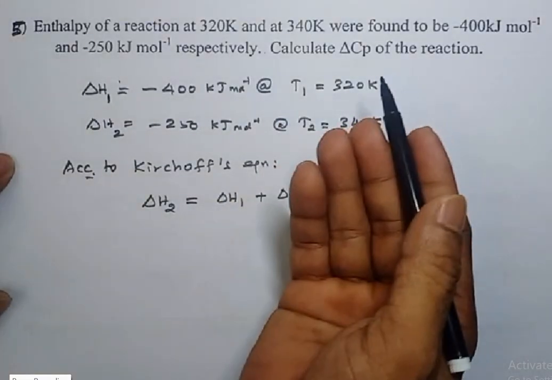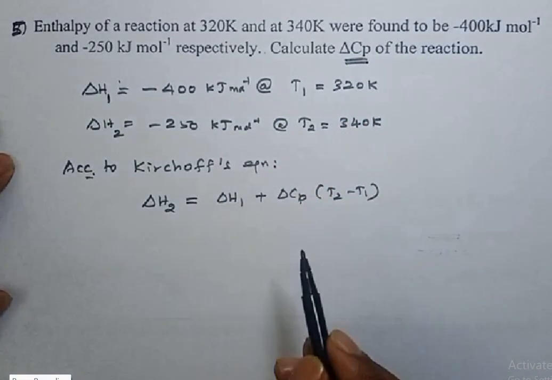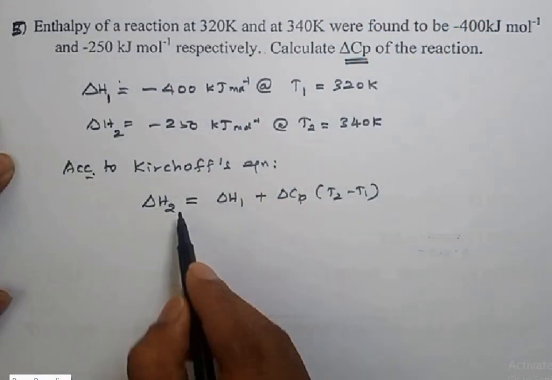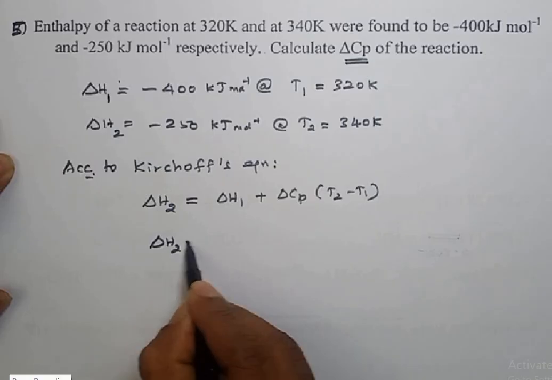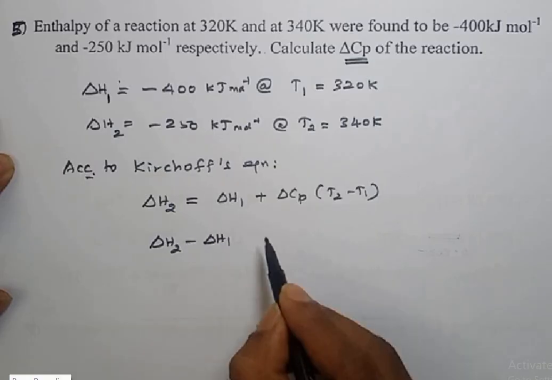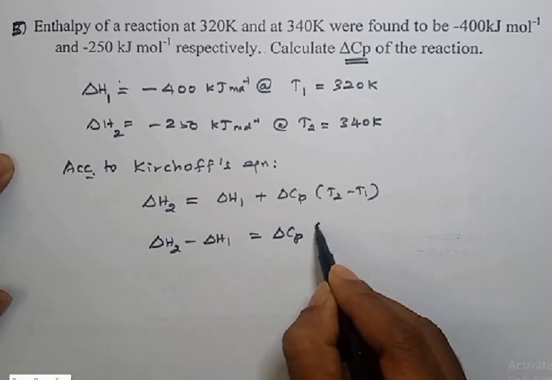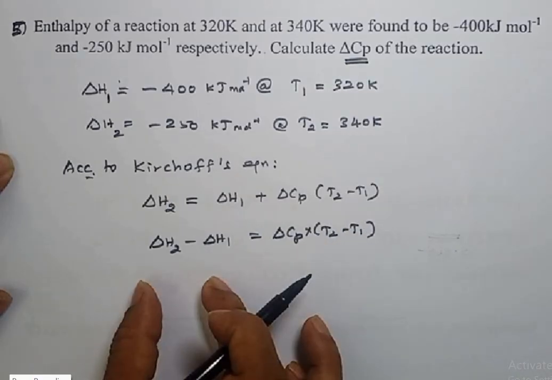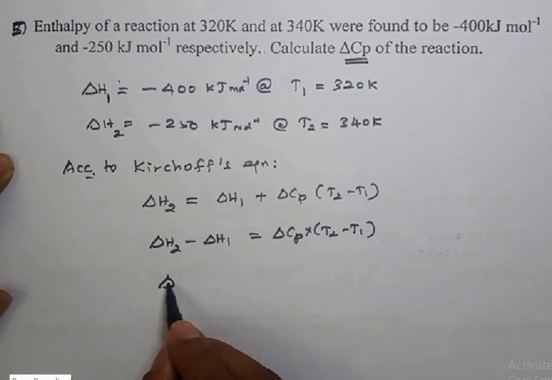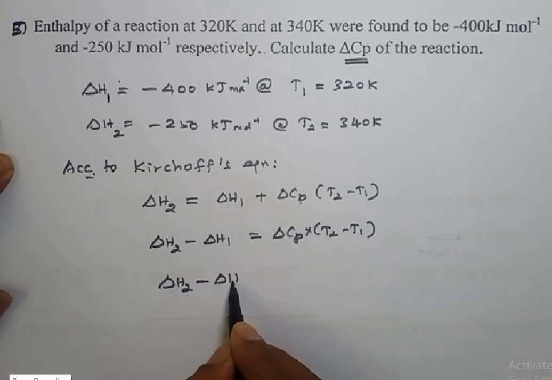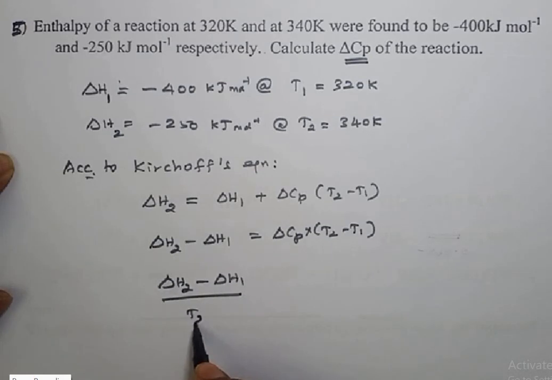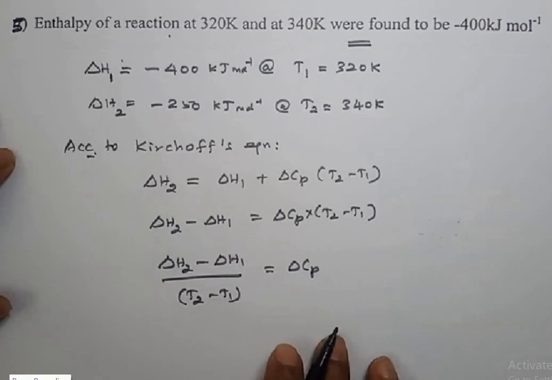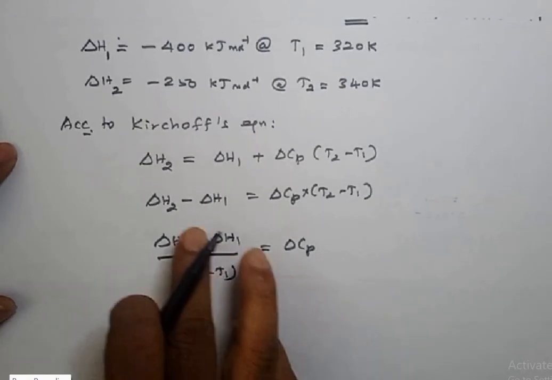This is actually a simple question, because they are asking just for delta Cp. So bring delta H1 to the left hand side: delta H2 minus delta H1 equals delta Cp into T2 minus T1. Now bring T2 minus T1 to the left hand side: delta H2 minus delta H1 divided by T2 minus T1 equals delta Cp. So we can calculate delta Cp by substituting the data here.